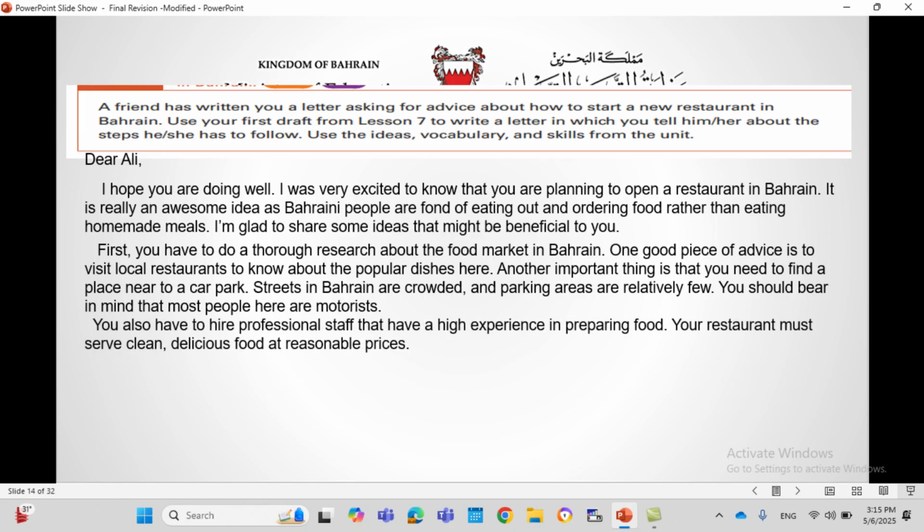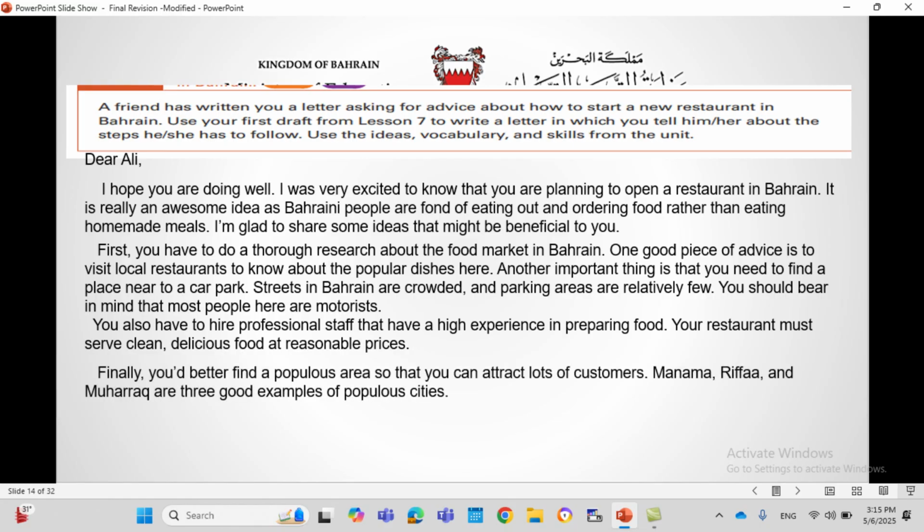The second step, you also have to hire professional staff that have high experience in preparing food. Your restaurant must serve clean, delicious food at reasonable prices. So this is the second piece of advice, or the second tip. The third piece of advice, finally, you had better find a populous area.